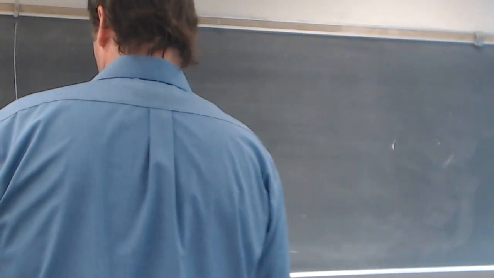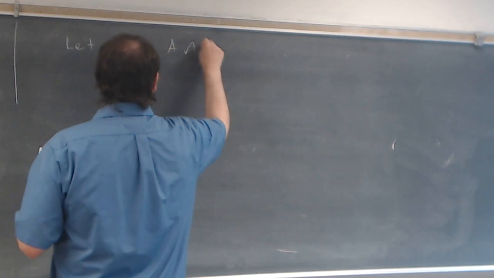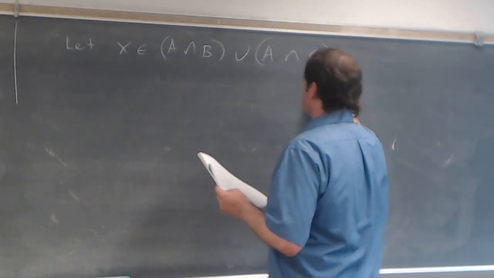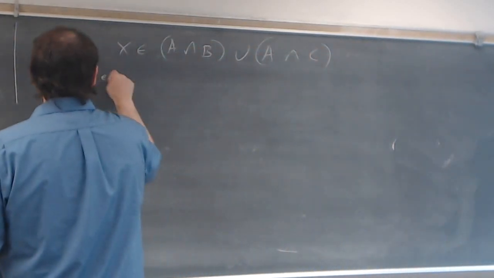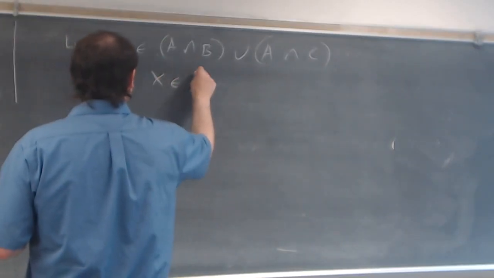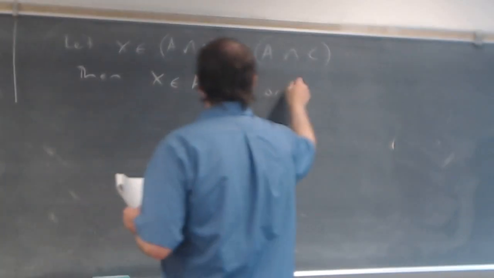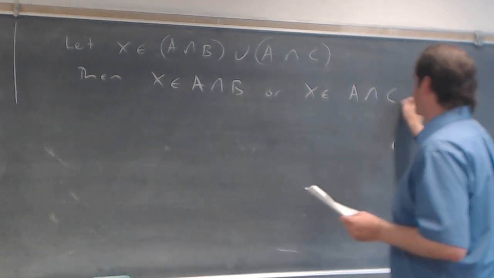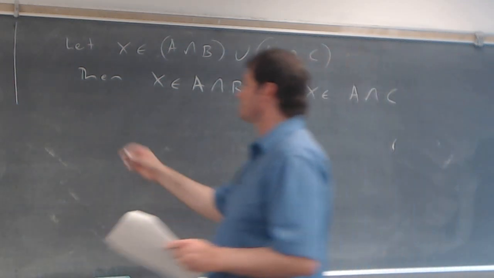Okay. So now we let X be an element of A intersect B, union A intersect C. Then X is an element of A intersect B, or X is an element of A intersect C. So at least one of those has to happen. So we have two cases.